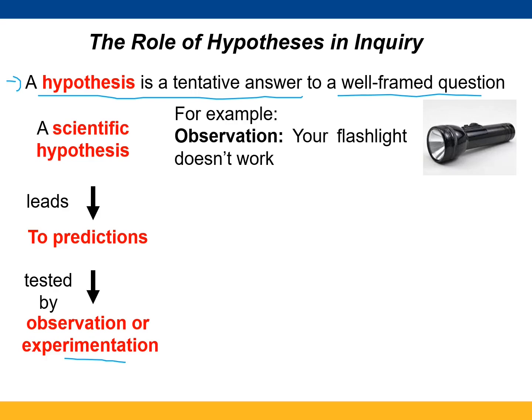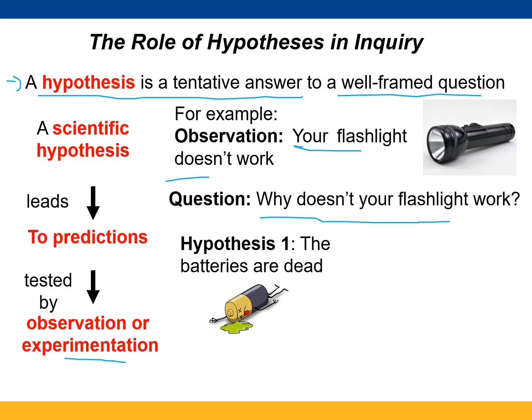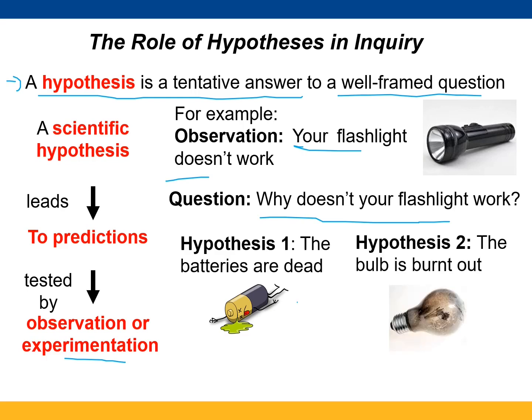Based on an example that was in your textbook, for example, you have an observation that your flashlight doesn't work. So the question that you can ask is, why doesn't your flashlight work? And the hypothesis is the battery is dead, so it doesn't have any more electrical power. Or the other option is that the bulb is burned out in the flashlight.